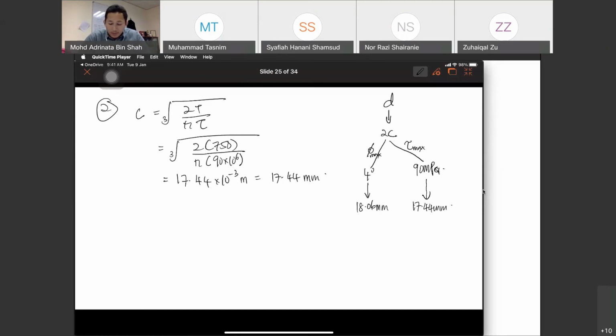Ada siapa-siapa dapat tolong? Supaya tau max tak lebih 90 megapascal.